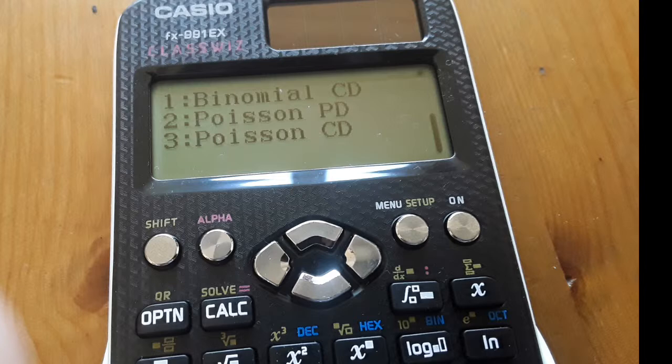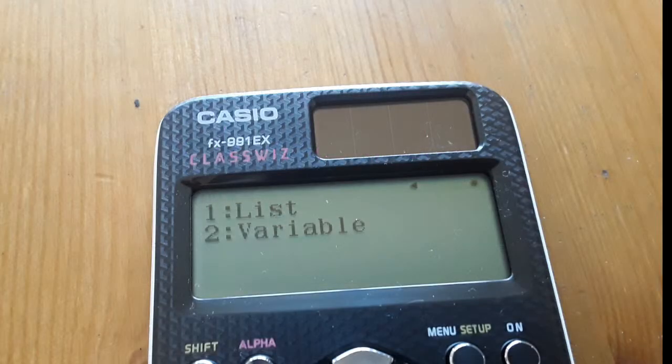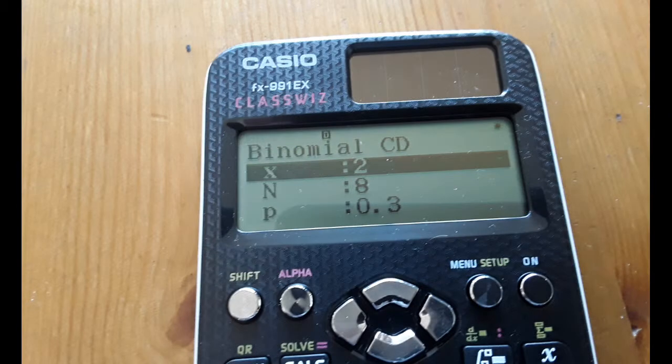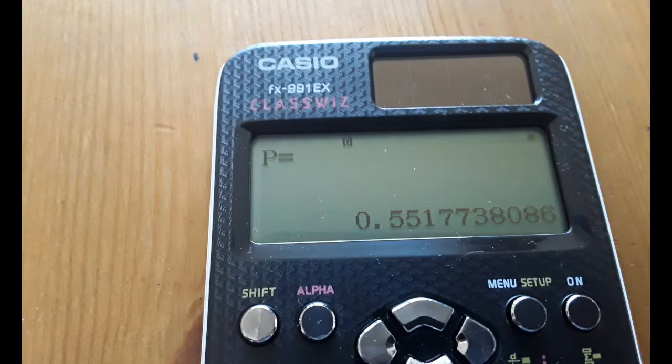Now the C stands for cumulative, so it adds up the probabilities up to and including the probability for our value of x. So press 1, then we get a choice of list or variable. We want variable, so press 2. And then it comes up with this screen. Put our values in, press equals, and we get our probability. Magic.